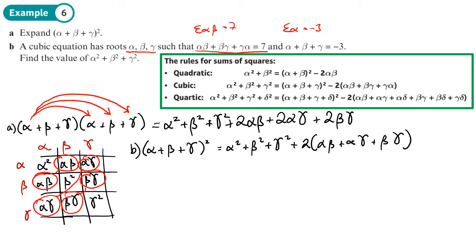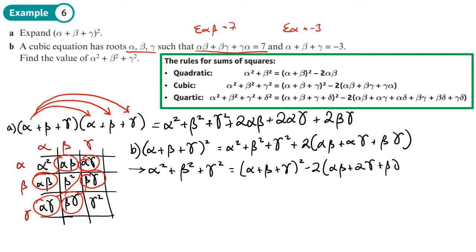Now, if we rearrange that, it's actually in the green box as one of the rules, but basically if we were to rearrange what I've got there, then alpha squared plus beta squared plus gamma squared is equal to alpha plus beta plus gamma all squared, minus 2 times alpha beta plus alpha gamma plus beta gamma.